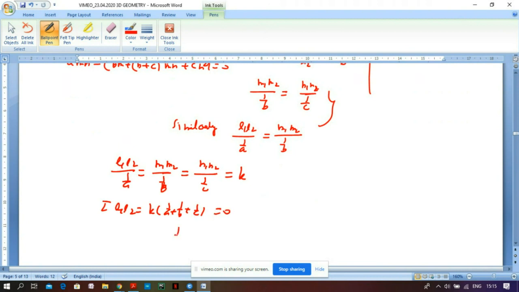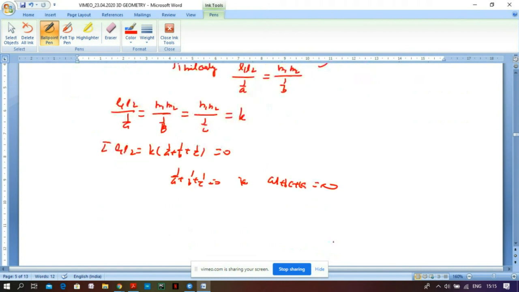So that condition is 1 over A plus 1 over B plus 1 over C is 0, which simplifies after taking LCM as AB plus BC plus CA equals 0. So that's proved the first part.